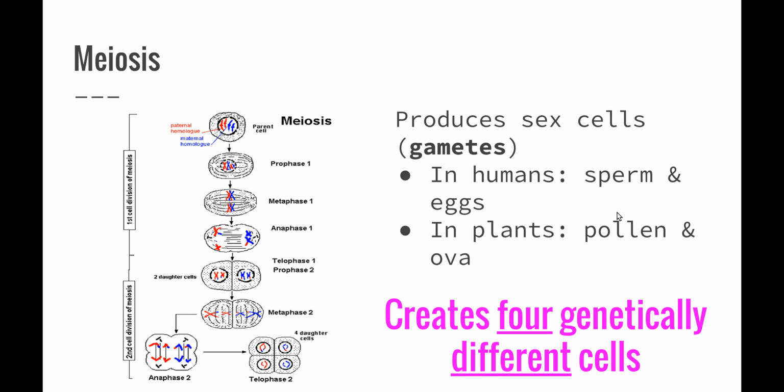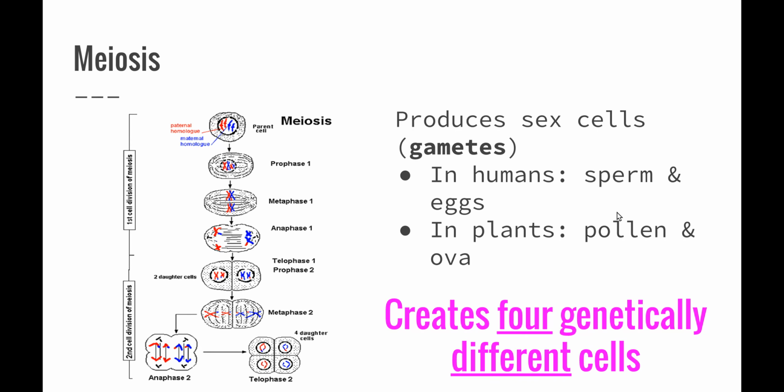So we needed to distinguish between the processes and have a look at the differences in the daughter cells that are created. So in mitosis, we create 2 genetically identical cells. In meiosis, we create 4 genetically different cells. So the cells are different to each other and different to the original parent cell. So in humans, we would start off with 46 chromosomes in the parent cell.